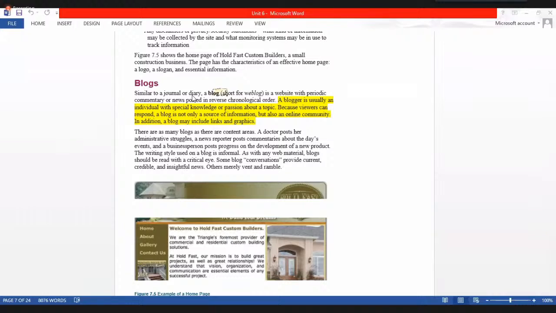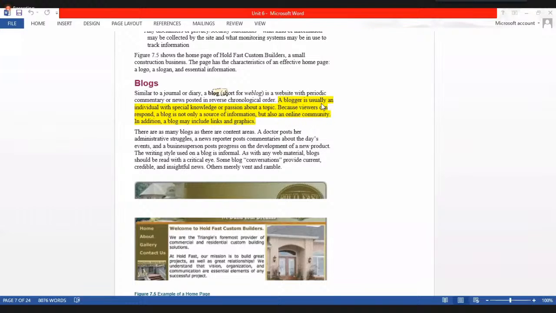So see, similar to a journal or diary, a blog is a website with periodic commentary or news posted in reverse chronological order. So that is a website with periodic commentary. Updated information is there every day. Who is a blogger?